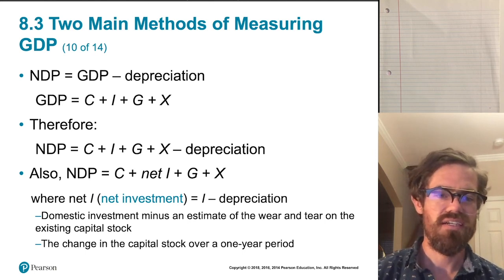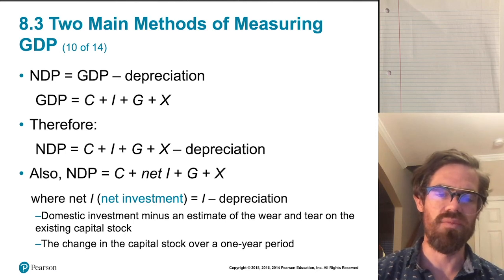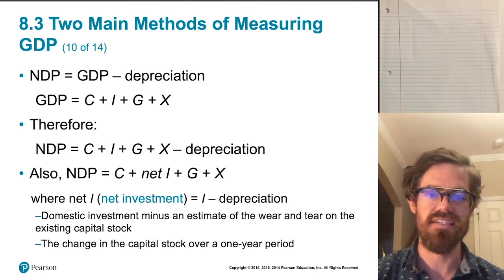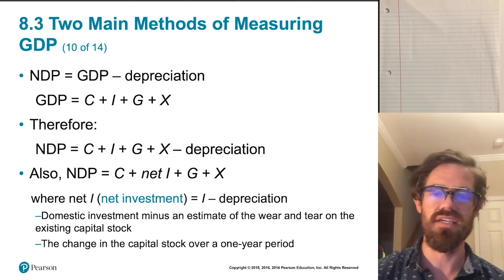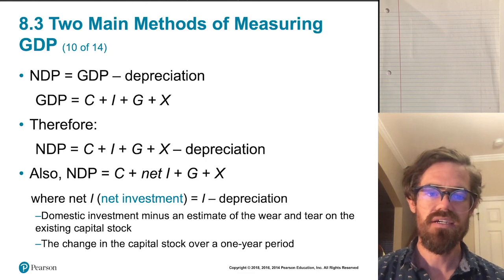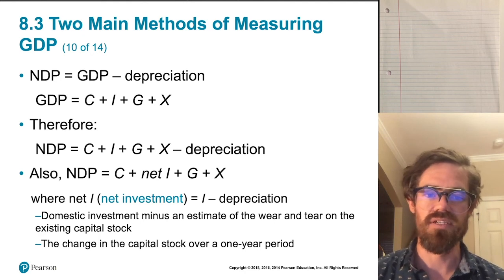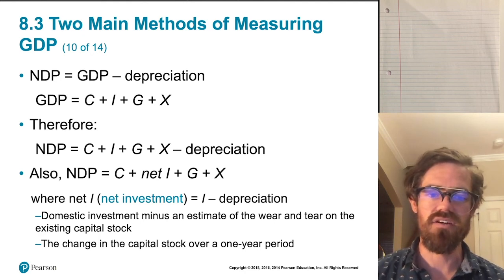If we take depreciation away from investment, we get something called net investment, because depreciation really is expenditures on improving worn out buildings and machinery, which is part of investment. So we may want to subtract that from gross investment. When we do, we get net investment.